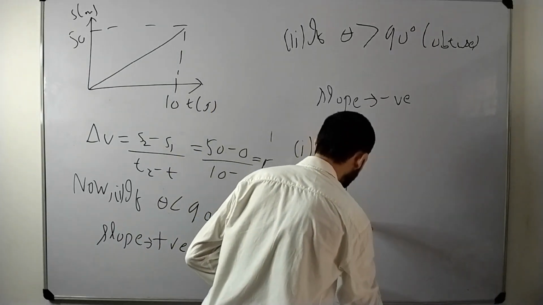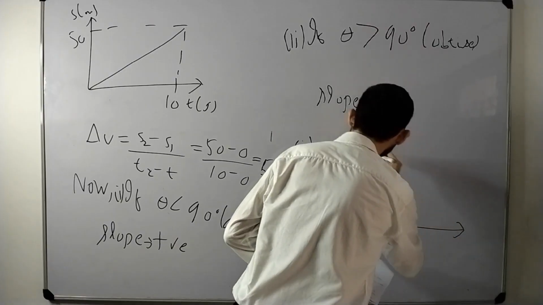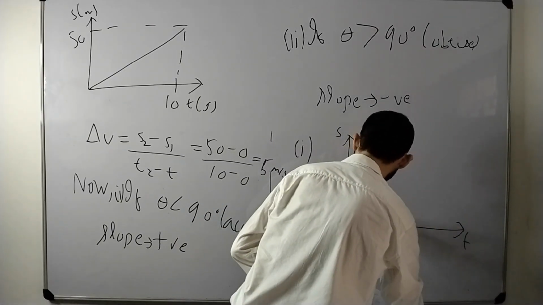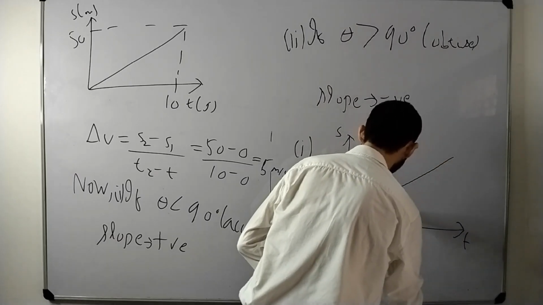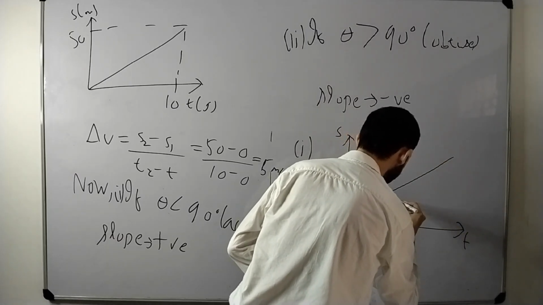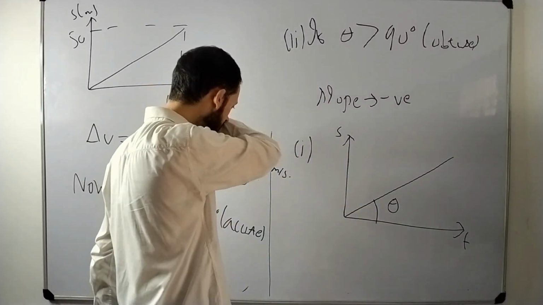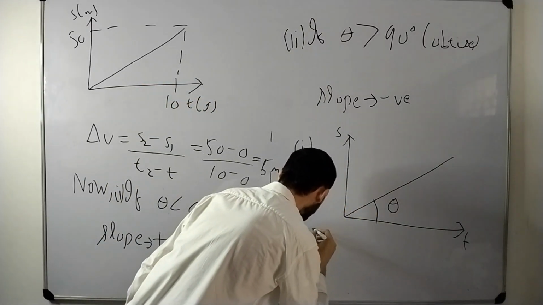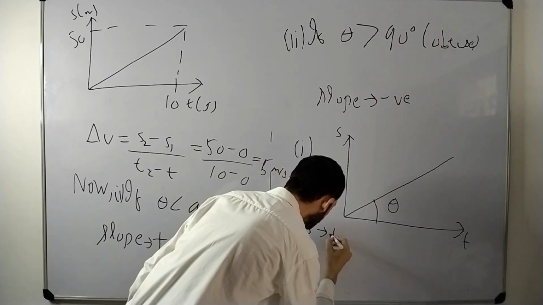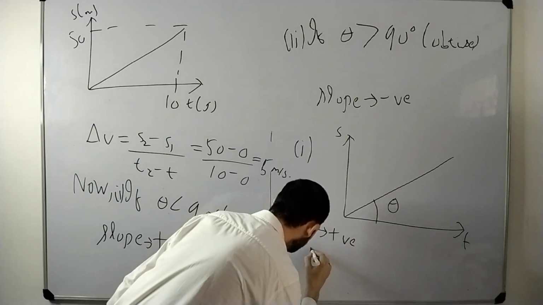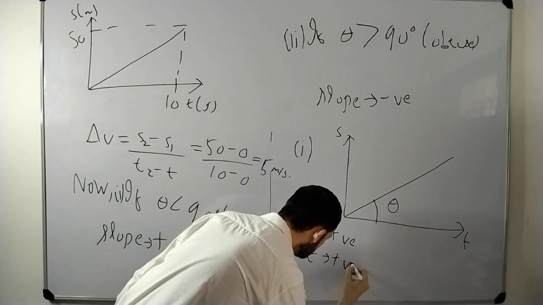This is S, displacement S, T, and this is acute angle theta. Okay. So what should I write, students? So you would write S is positive value, here positive y-axis, and time is also positive.